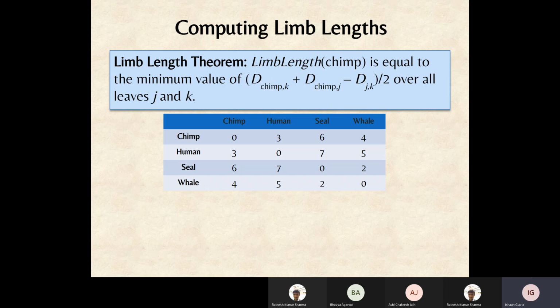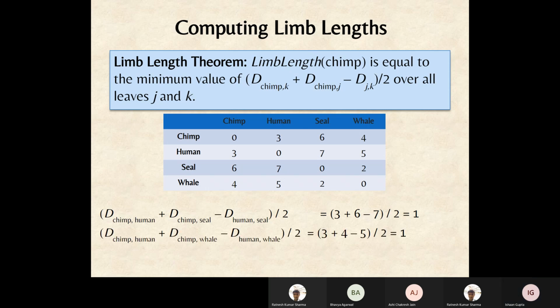You have these values. Now let us say you want to calculate the limb length of chimp, and you consider the common value.